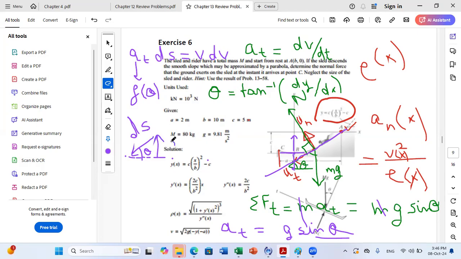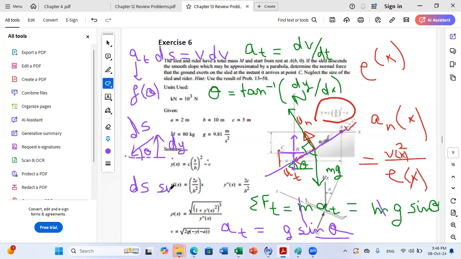So this is dy. If I look at my figure, I can relate ds and dy. I can say from my figure that dy is equal to what? ds times sine theta.